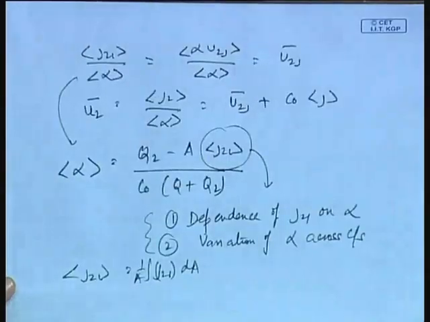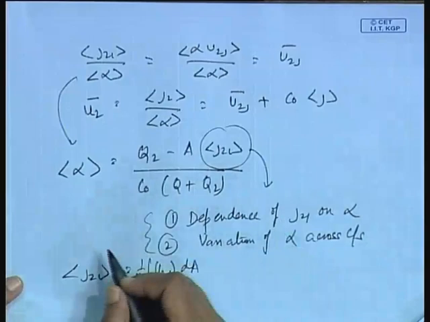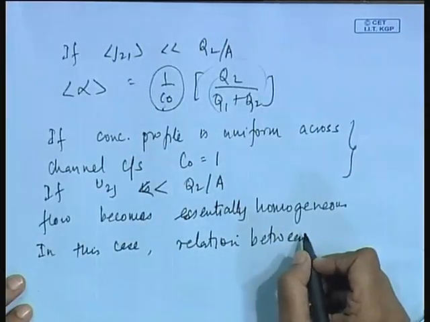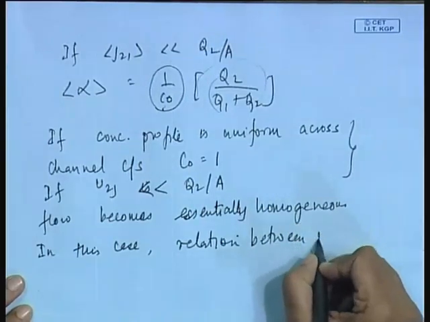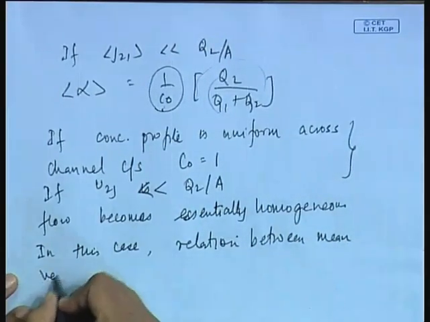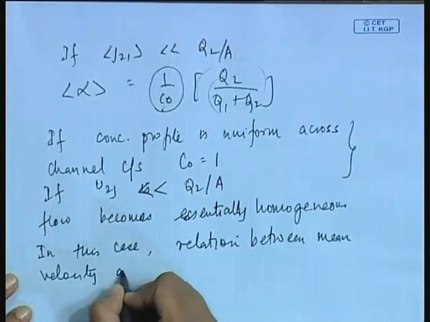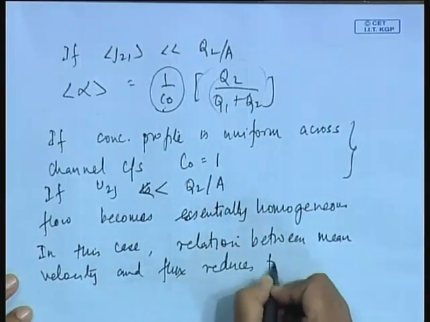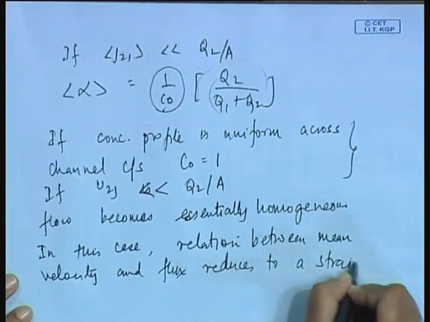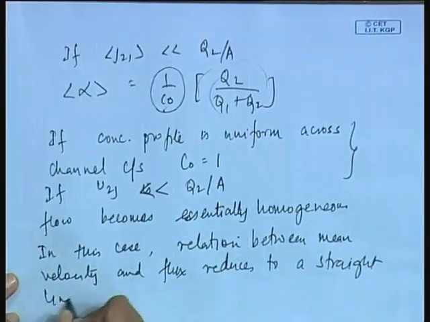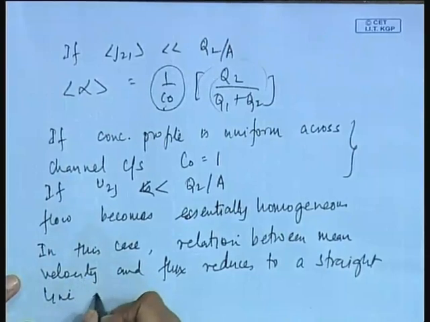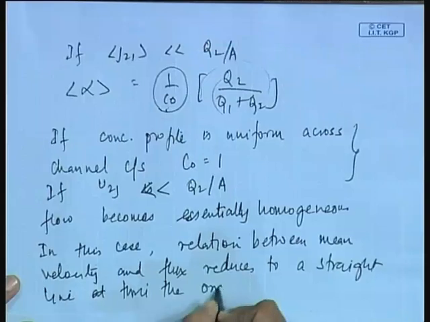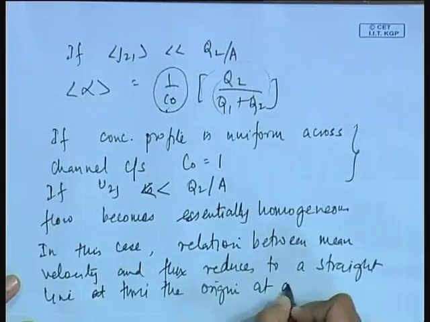So, under that circumstance, the relation between mean velocity and flux reduces to a straight line through the origin at an angle of 45 degrees.